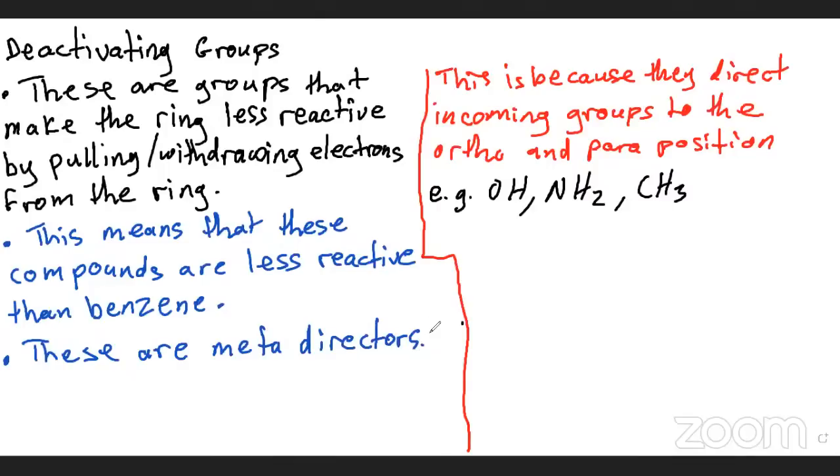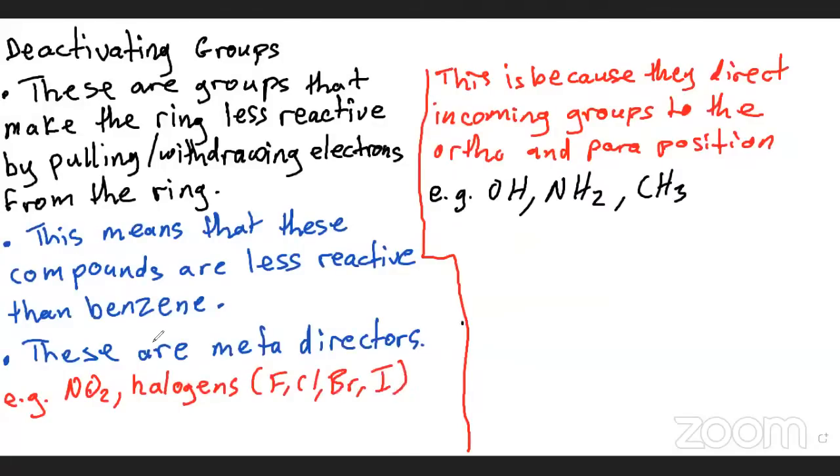And the main group you need to know about is the NO2 group. Because the NO2 group and the halogens. So the deactivating groups, they are meta directors.